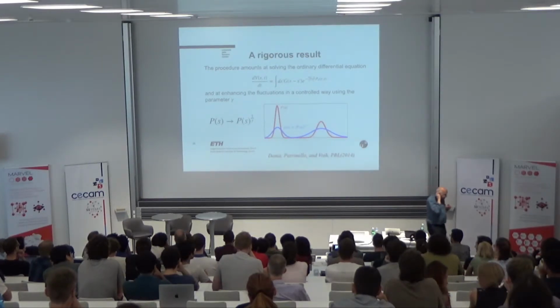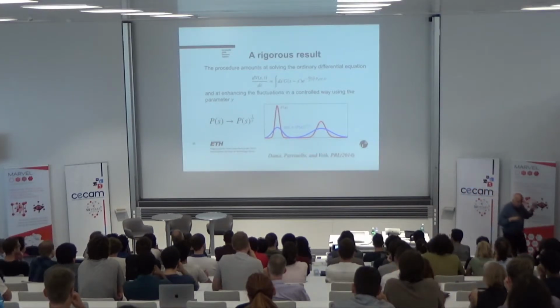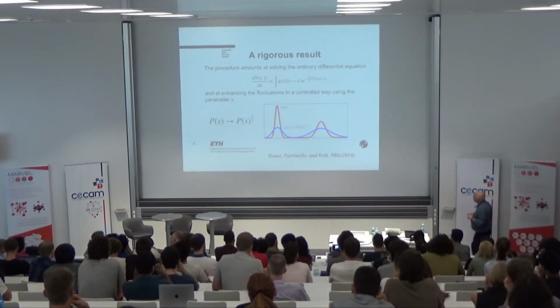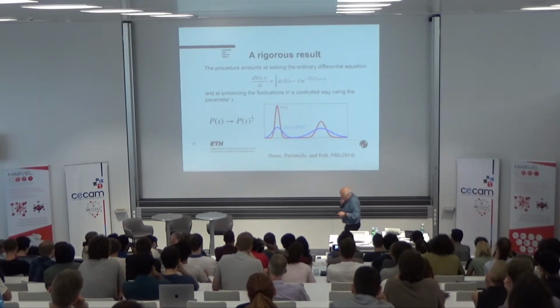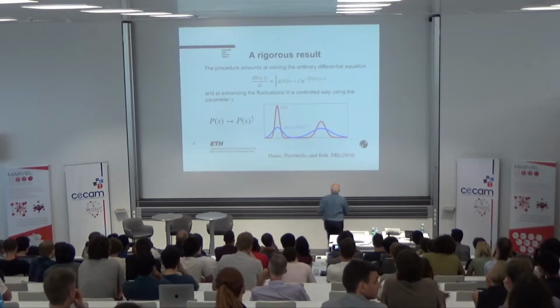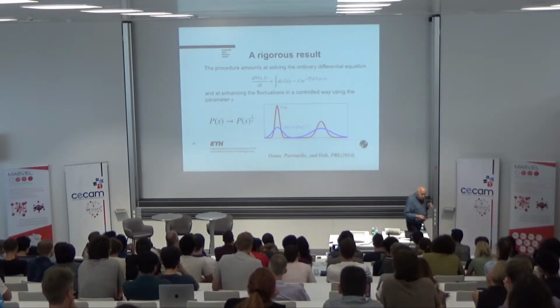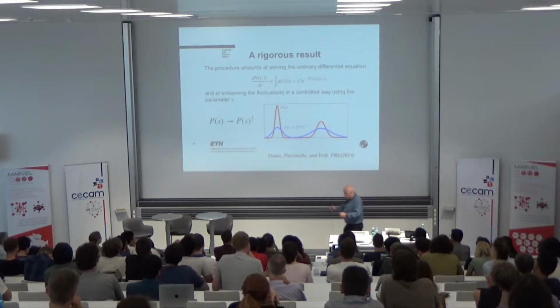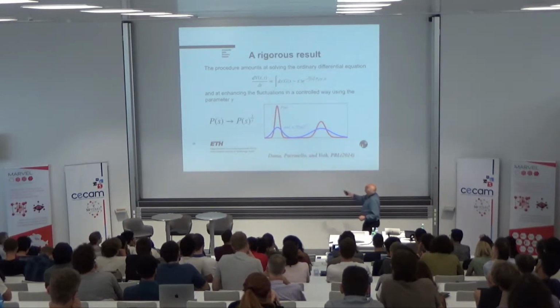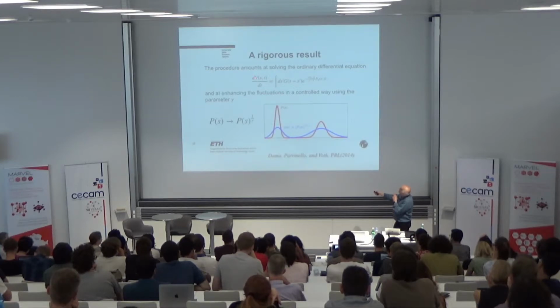Now you can discuss methods, comparing metadynamics with umbrella sampling and so on. One of the reasons why I like metadynamics is that it can be cast in a rigorous statistical mechanics way, and if you do that, you find that the bias that you grow in metadynamics obeys an ordinary differential equation, which I write here.